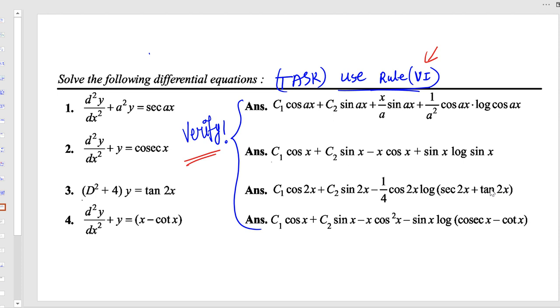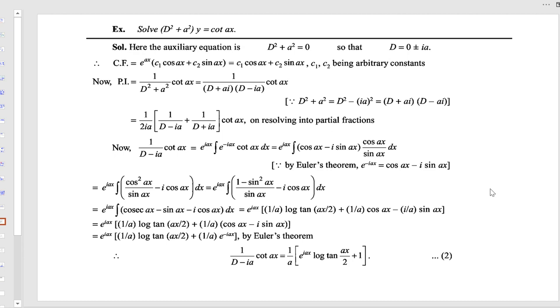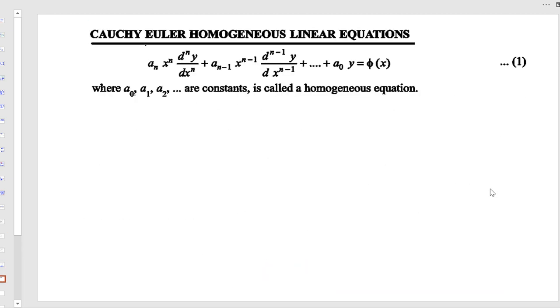Now, so far we have considered ordinary differential equations whose coefficients are constant type, a1, a2, all these are constant. What will happen if we have x or x square? Although for higher level mathematics we have many difficult methodologies, here we have only the simple case developed by Cauchy and Euler, the homogeneous linear form.